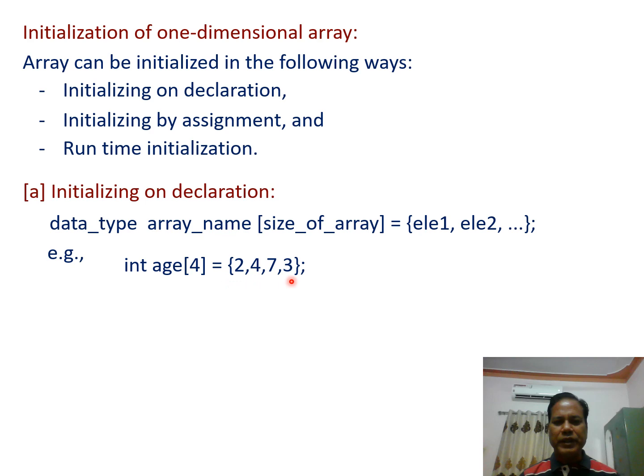So writing these values on the right side of the array declaration, we set each value of array age. That is, age[0] is 2, age[1] is 4, age[2] is 7 and age[3] is 3.